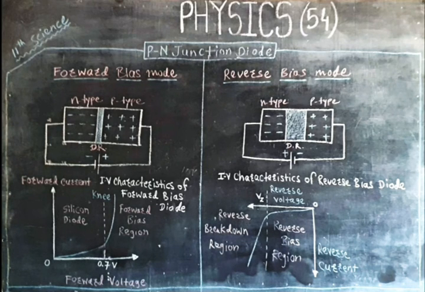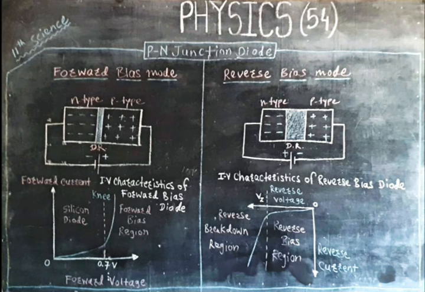Now in the IV characteristics of this diagram, the reverse breakdown region is given and the reverse bias region is also shown. The vertical y-axis shows reverse current, and the horizontal x-axis shows reverse voltage.